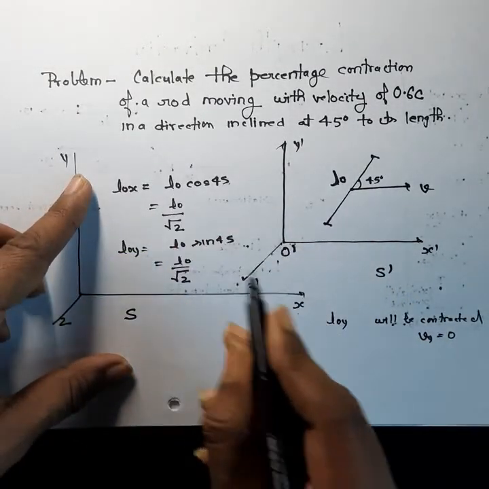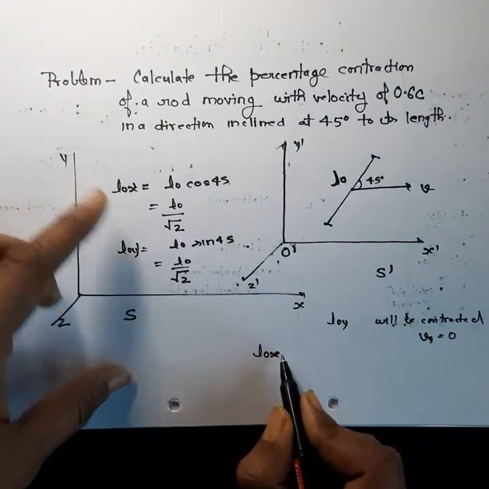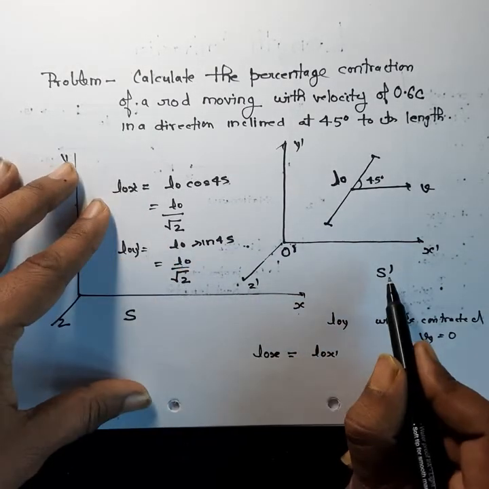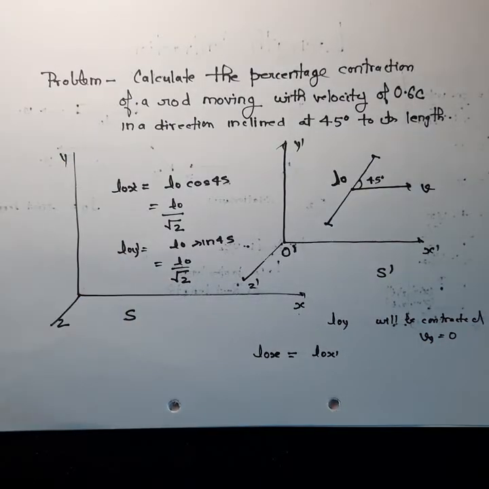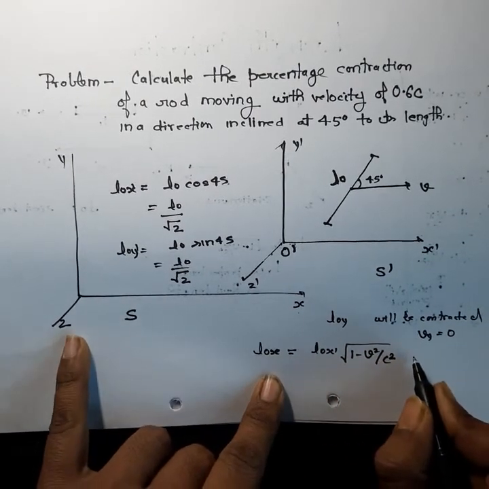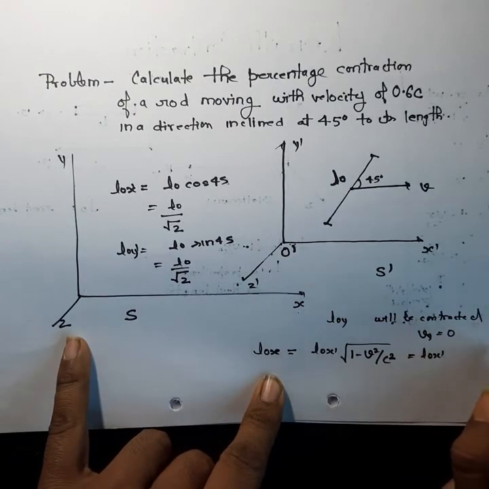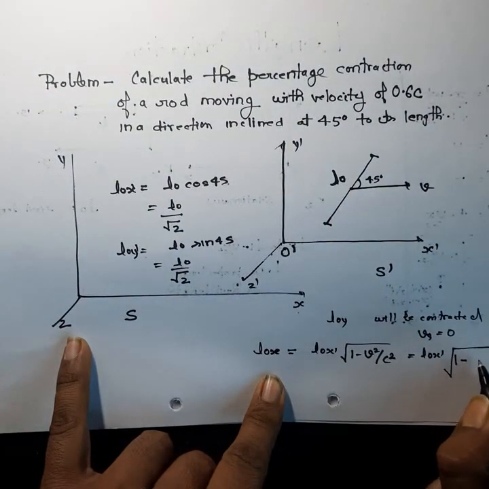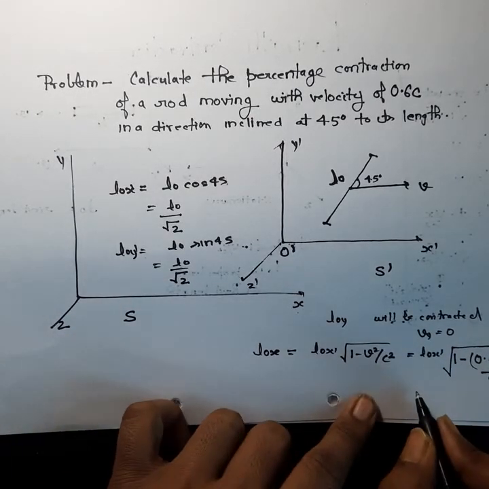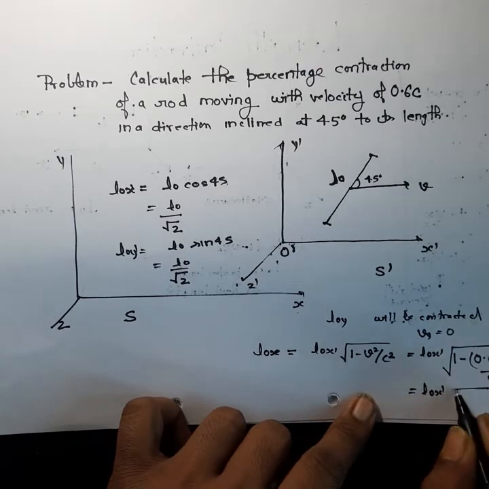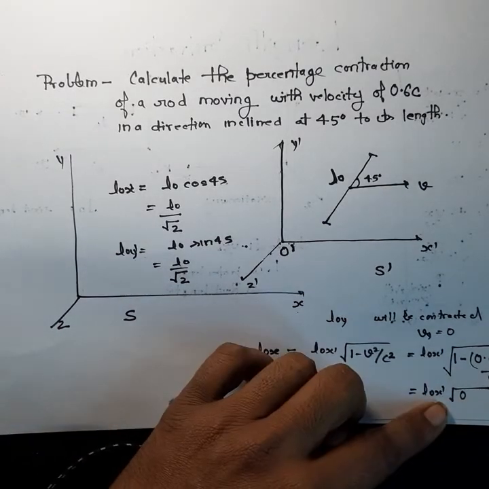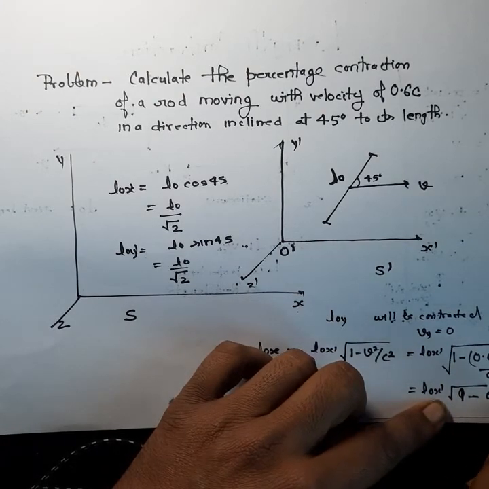Let's write it in dash coordinates, x dash, y dash. So L0x will be equal to L0x dash, because we are expressing everything in dash coordinates. According to the formula, the length will be L0x dash times the square root of 1 minus v squared by c squared. The velocity is 0.6c, so we get the square root of 1 minus (0.6c) whole squared divided by c squared. The c and c cancel, and we get the square root of 1 minus 0.36.